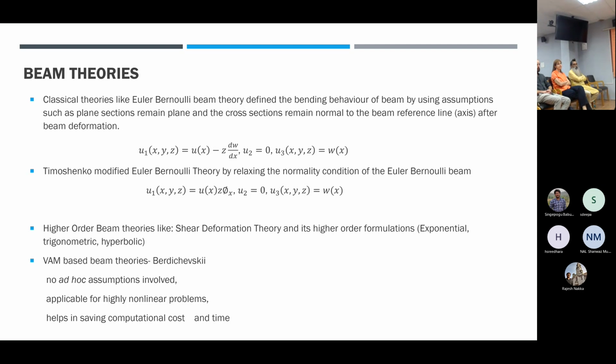And again, if we are able to generate a completely extensive VAM-based beam theory, it will help in saving a lot of computational cost and time. Because if we go for FEM models or, in case of nano or microstructures, if we go for molecular models, it will take a huge amount of time as well as cost.